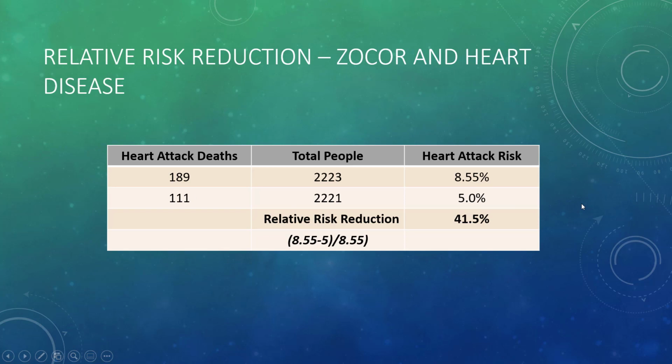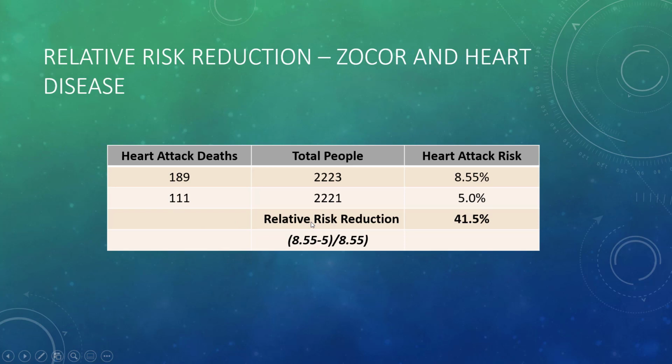So you want to get your risk rate here. You would take 189, divide it by 2,223, and you would get 8.55%. You do the same thing for the other group, and you get 5%. So these are the risk incident rates in the groups.